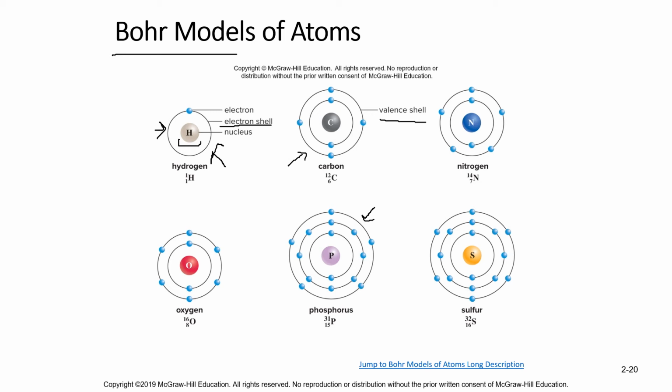So if I ask you, is this atom reactive? All you need to know is how many electrons are in its valence shell. I may tell you how many electrons are in its valence shell, but more than likely I will tell you either its atomic number or the number of electrons it has.